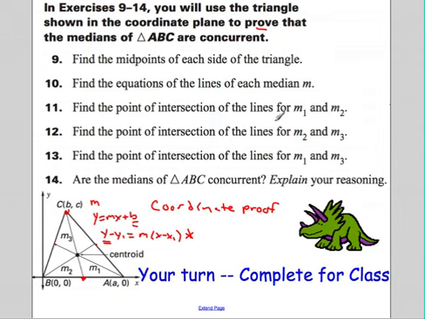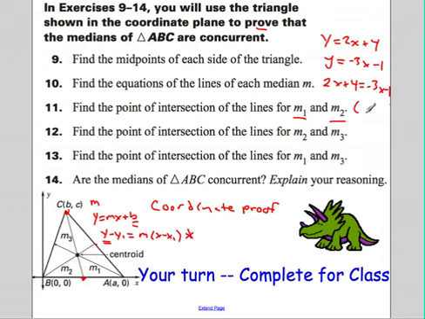Find the point of intersection between M1 and M2. So with these lines, if you've solved for y, you're just going to set one equation equal to the other. So for instance, if you had y equals 2x plus 4, and you had y equals negative 3x minus 1, if they're both solved for y, you just say 2x plus 4 equals negative 3x minus 1, and you go through and solve for x, and then put x back into either one of these equations and solve for y.